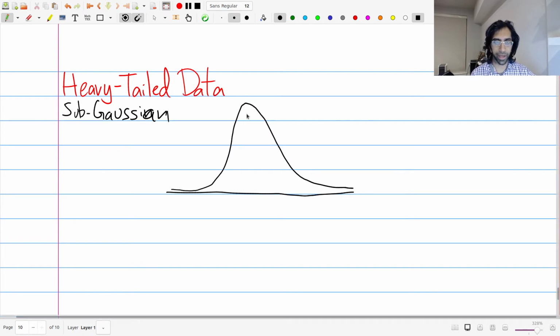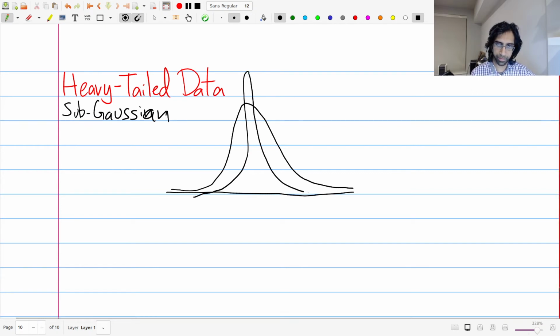Well, a sub-Gaussian distribution would be a distribution whose tails die more rapidly. So maybe something that looks like this. It starts like this and then it dies very quickly. The reason why it's called sub-Gaussian is because the tails lie below a Gaussian distribution's tails.